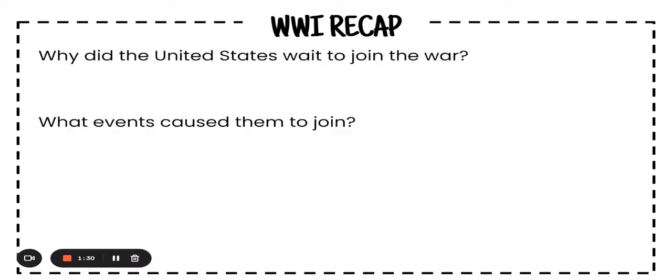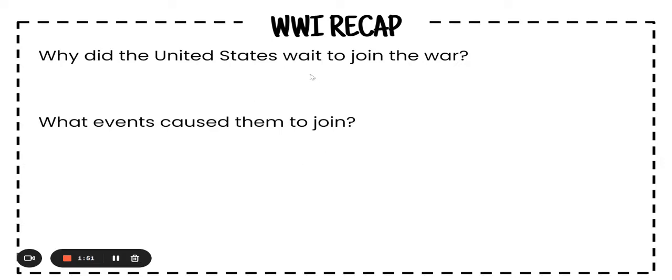Now, I wanted us to think for a second why the United States joined World War One, why they hadn't joined it before, and then what events led to us joining the war. So, why did we wait?